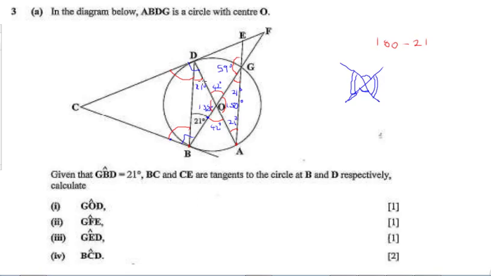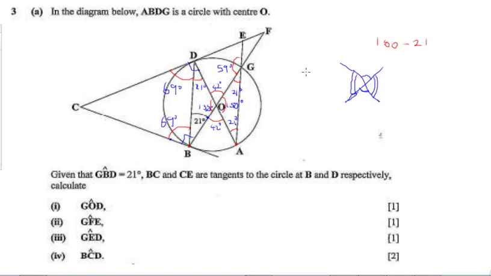How do we do that? We simply say 90 minus 21, and on this side, 90 minus 21 as well, to give us the remaining angle. So 90 minus 21 gives us 69. So we write our 69 there, and here we also have 69 degrees.